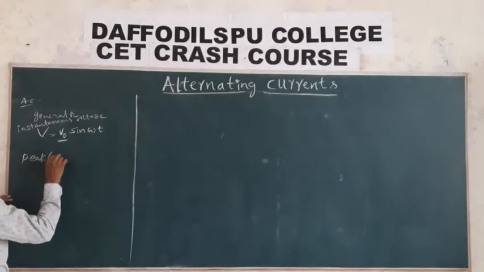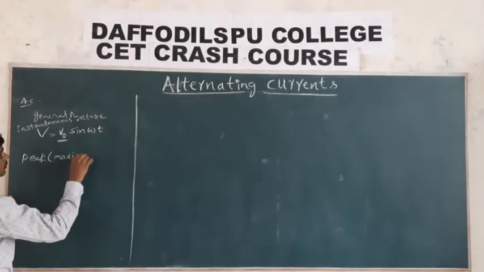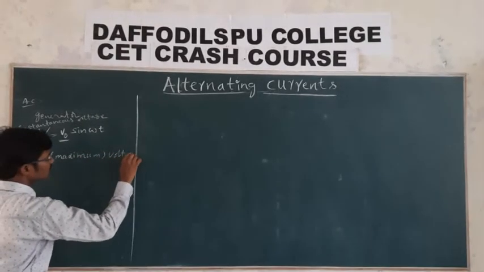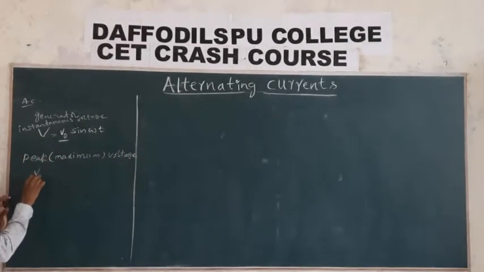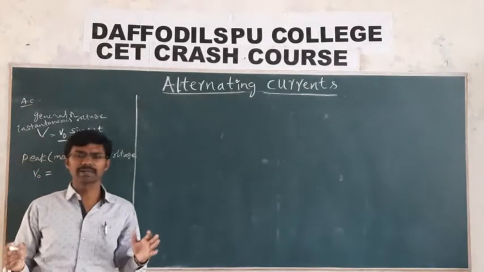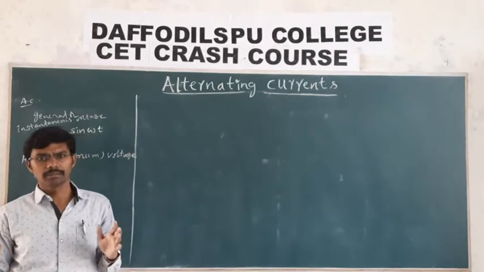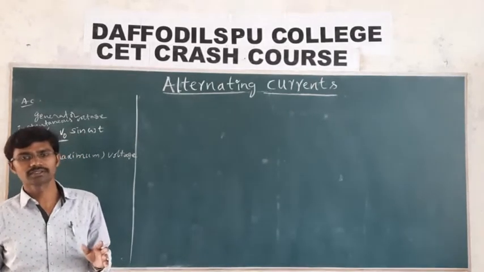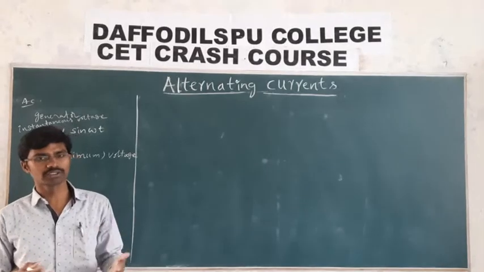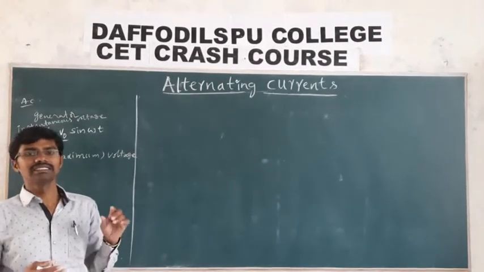Peak, maximum voltage V naught, which is nothing but, when you have a generator placed between the magnetic poles, the maximum EMF produced, which depends upon the change in magnetic flux.